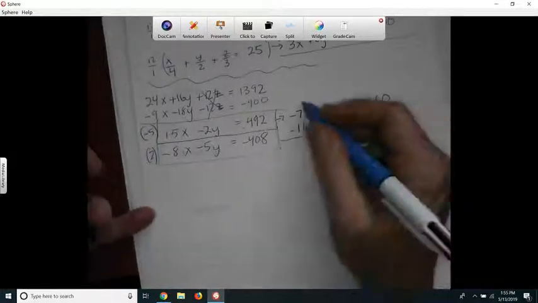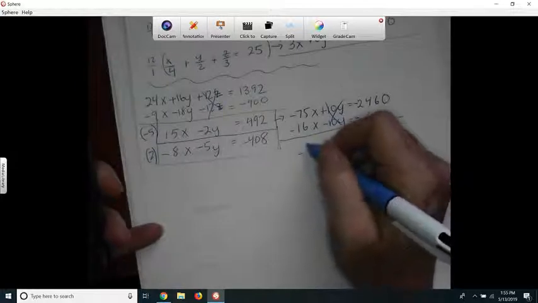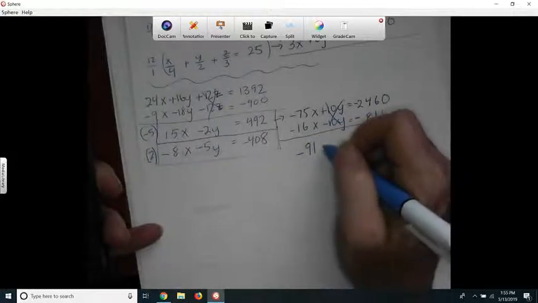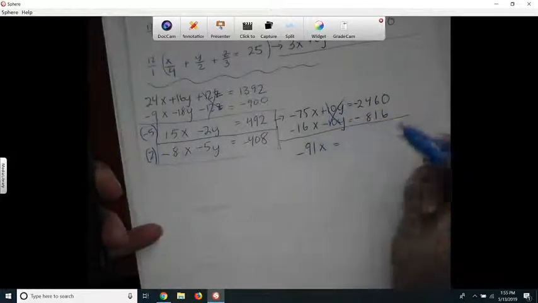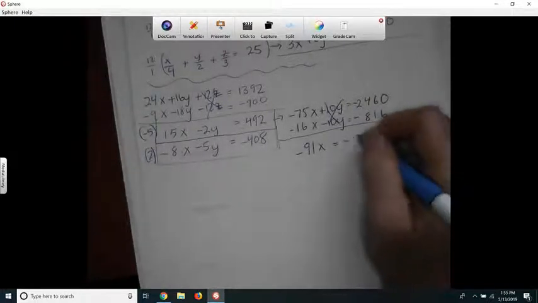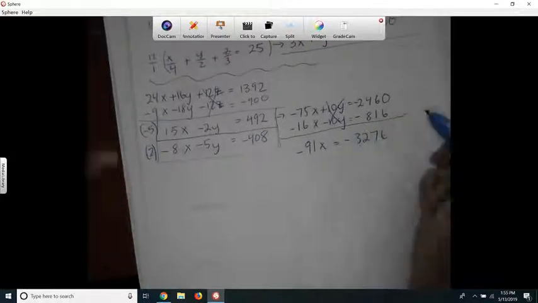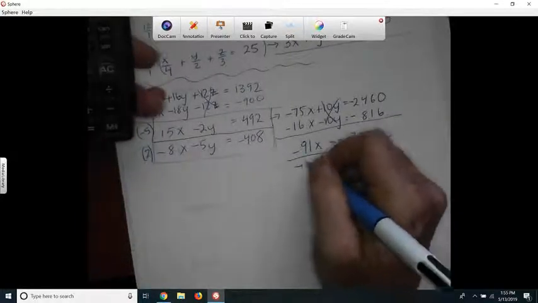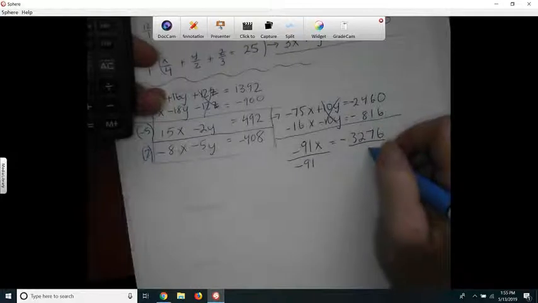I think I've done this problem before. I did this problem in class. And it does have some pretty big numbers. I'm using my calculator. And then, who knows if 91 goes into this number? I'm just going to hope.